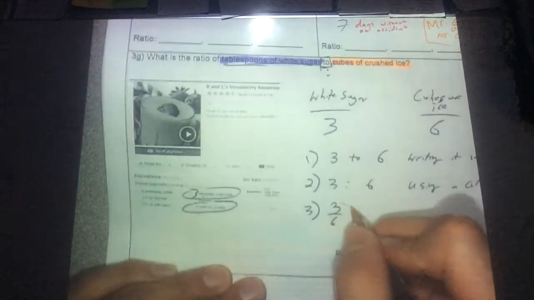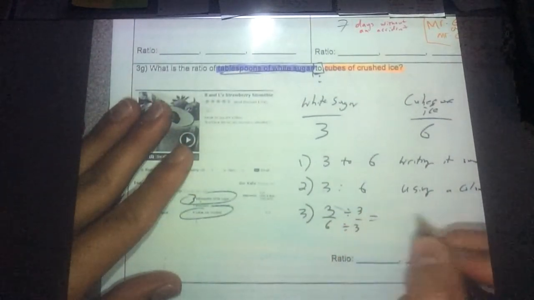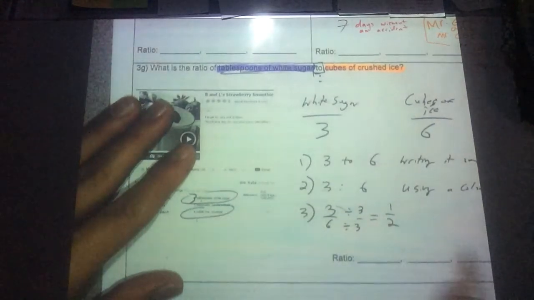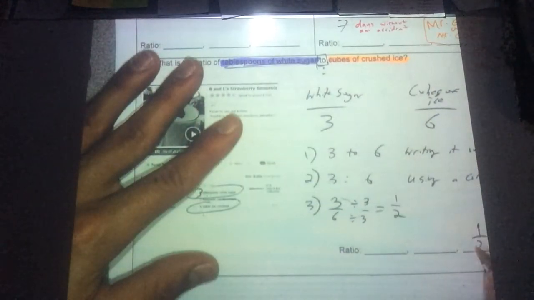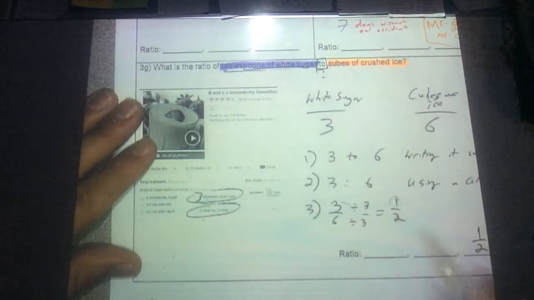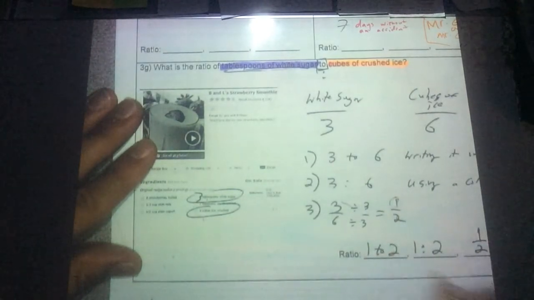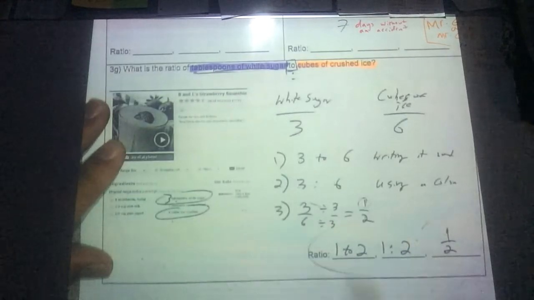Now I can simplify this fraction if I divide both the numerator and the denominator by 3, which gives me 1/2. So that's 1 white sugar to 2 cubes of ice. I can do 1:2, and I can do 1 to 2. So these here are my 3 answers.